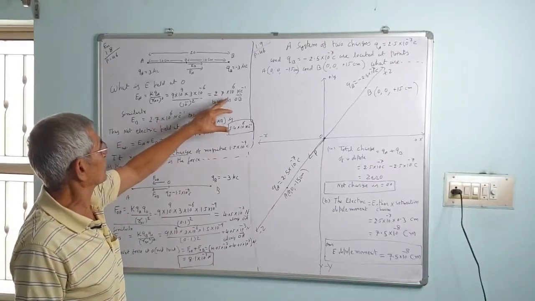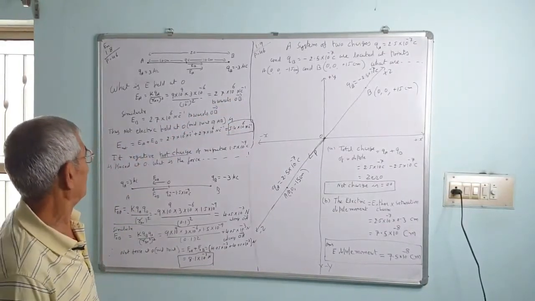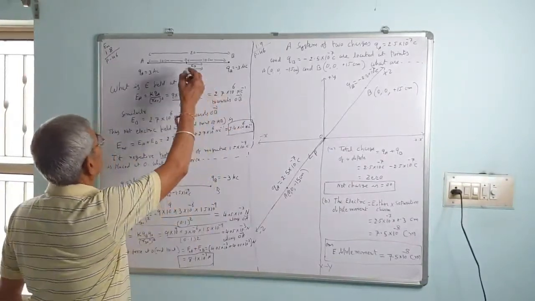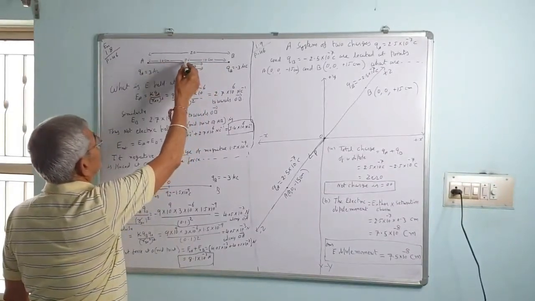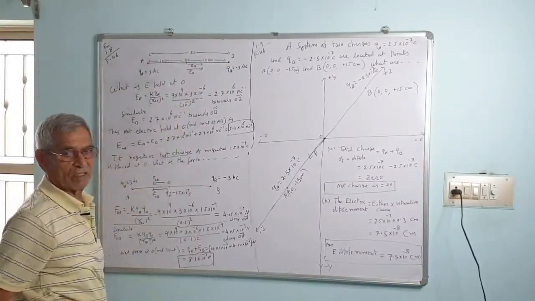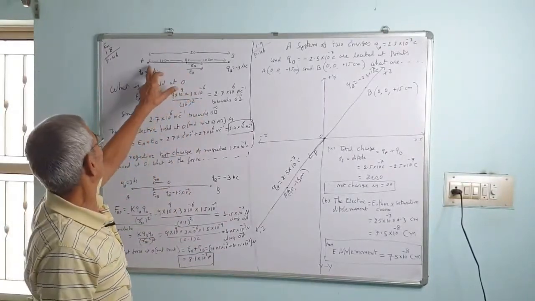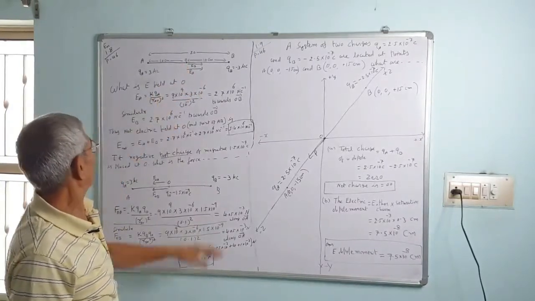That comes about 2.7 into 10 raised to power 6 Newton per coulomb. The direction of the electric field is towards OB. This is positive, and electric field is defined as the force acted on a unit positive charge placed at that point. So the electric field due to this QA at O will be equal to K QA upon RO square.